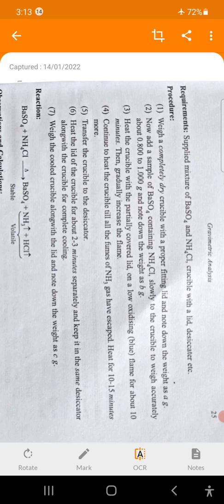Then after heating, stop heating. Then transfer the crucible to a desiccator. A desiccator is an instrument which provides a dry atmosphere.